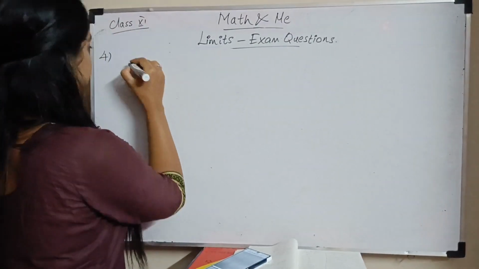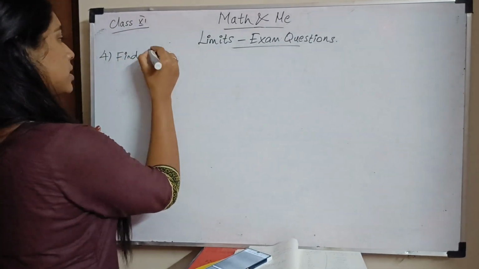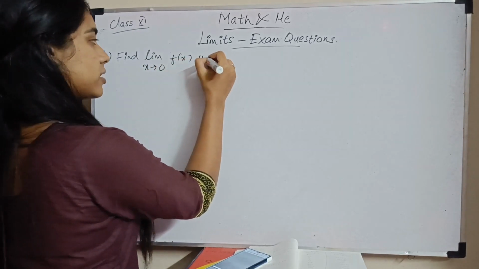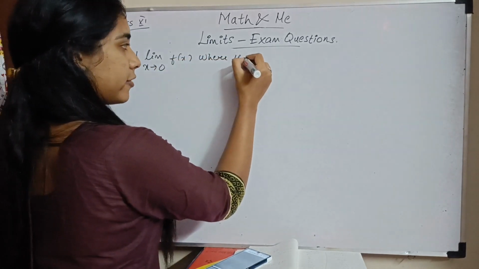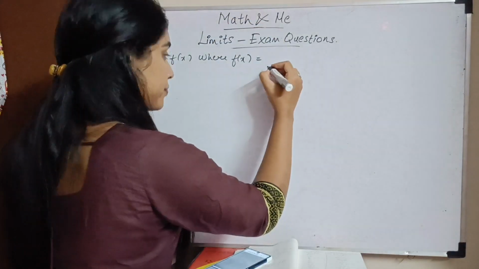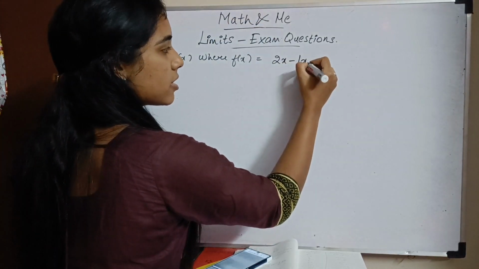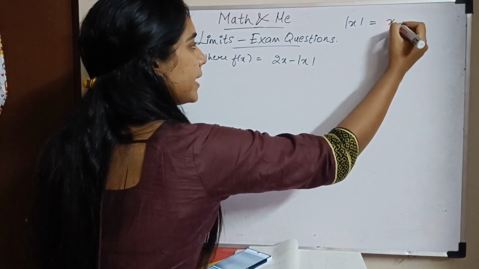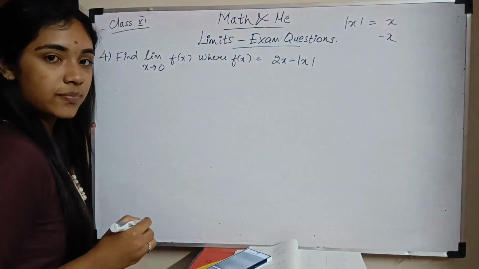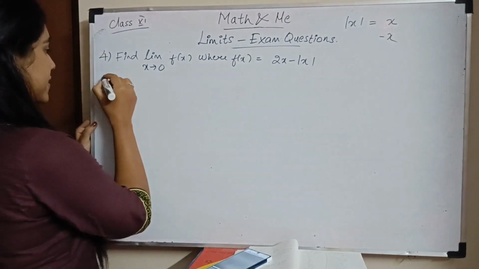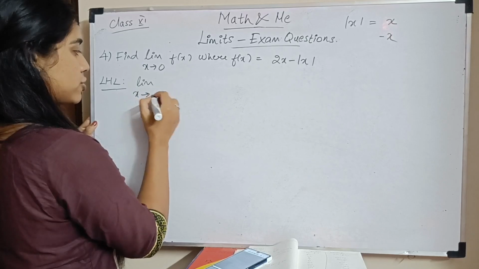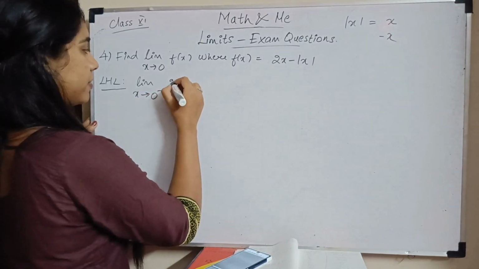Question number 4. Find limit x tends to 0 of f(x), where f(x) is equal to 2x minus mod x. So first, mod x will take the value x or minus x. First, the left hand limit. What is your left hand limit? Limit x tends to 0 minus of f(x).